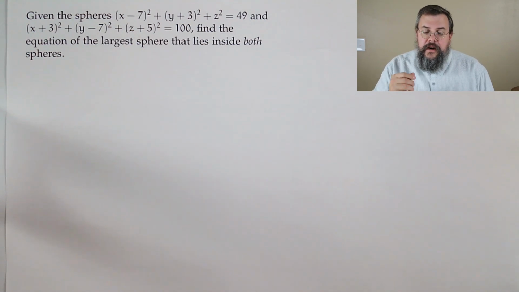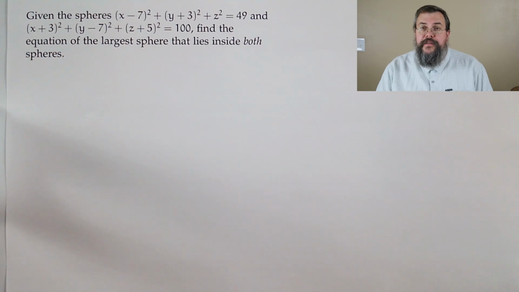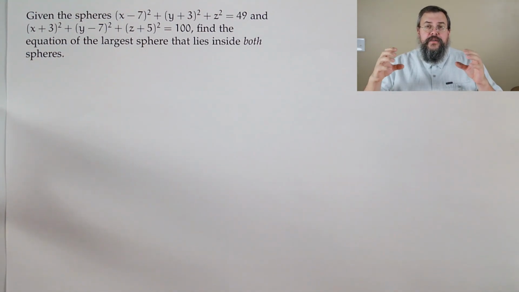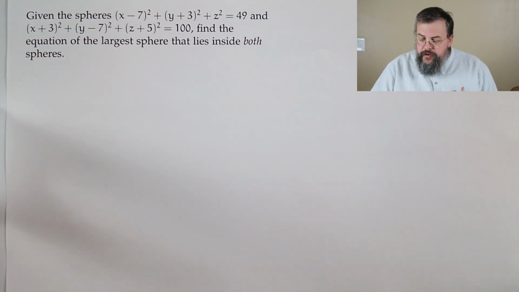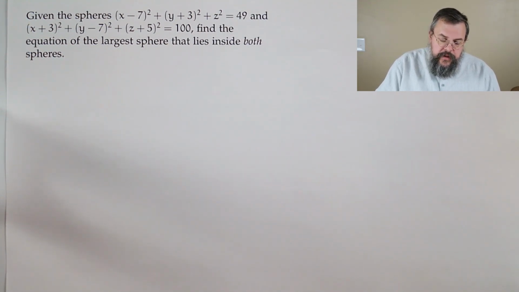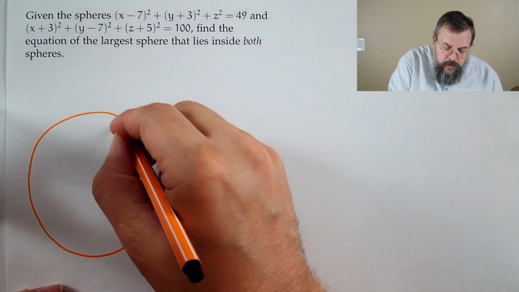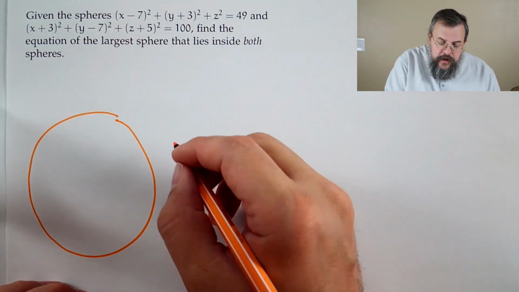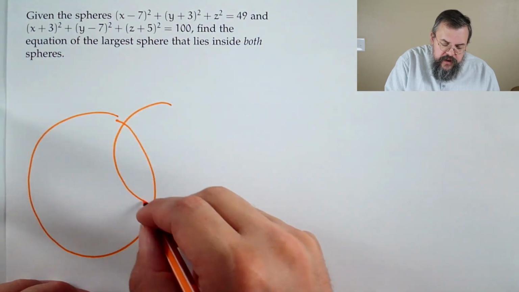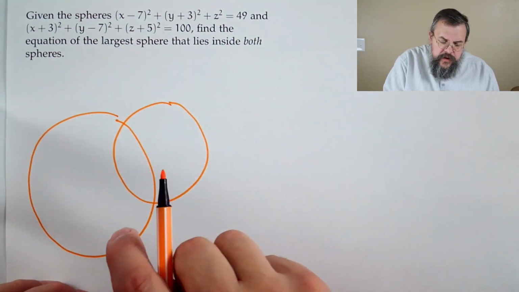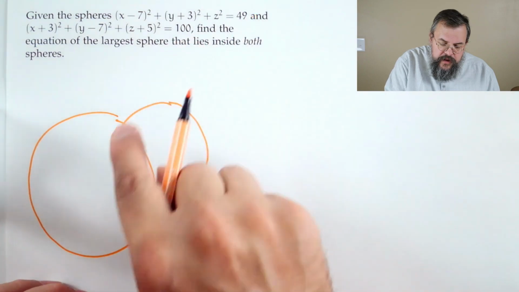Find the equation of the largest sphere that fits inside both spheres. So, in some sense, it sounds like what's happening is we have a big sphere, and then we have a smaller sphere that's somehow offset. So this is our big sphere. We'll say that's the sphere with radius 100.